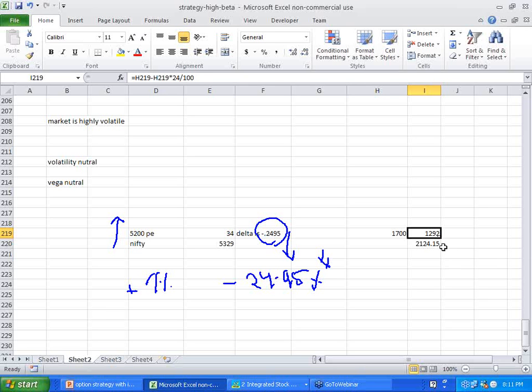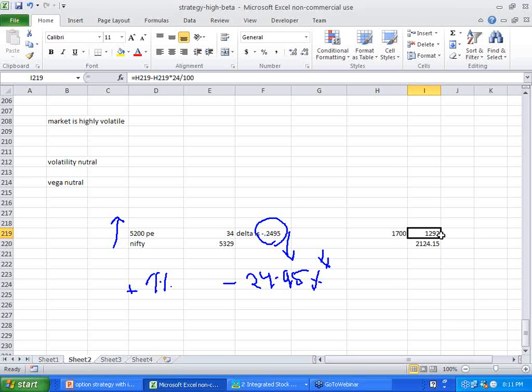1% of Nifty is around 53 points. So a 53 point movement in Nifty on the upper side will reduce your money by 24%. A 53 point down move in Nifty will increase your money to 2124. This is the meaning of delta.